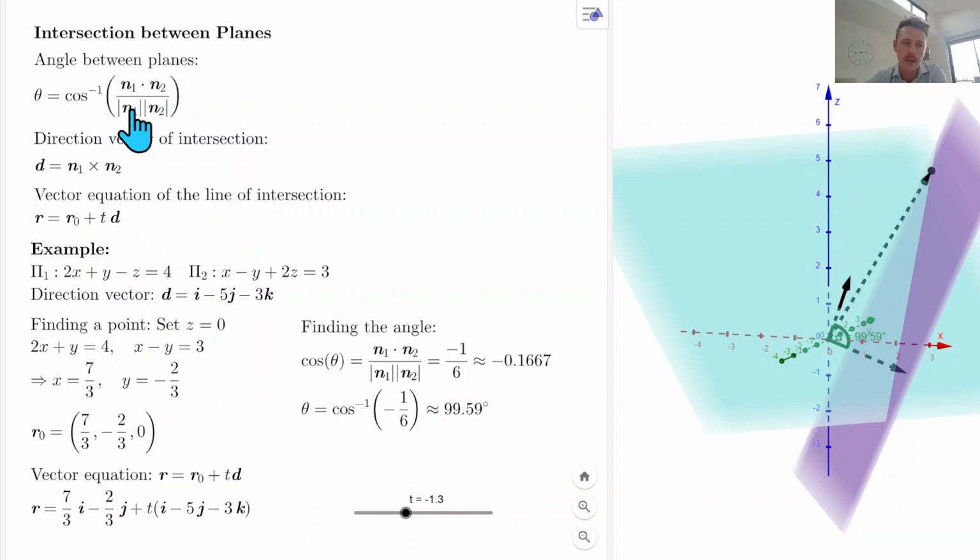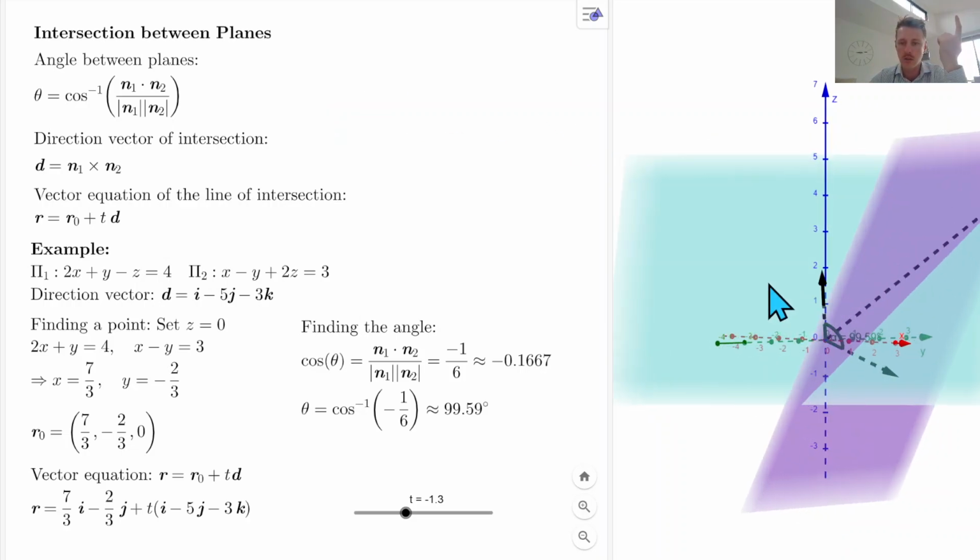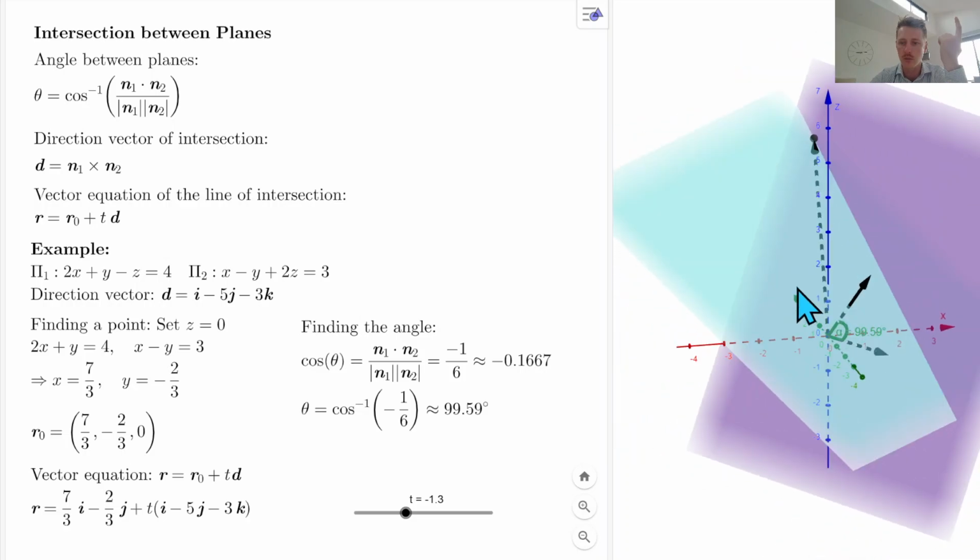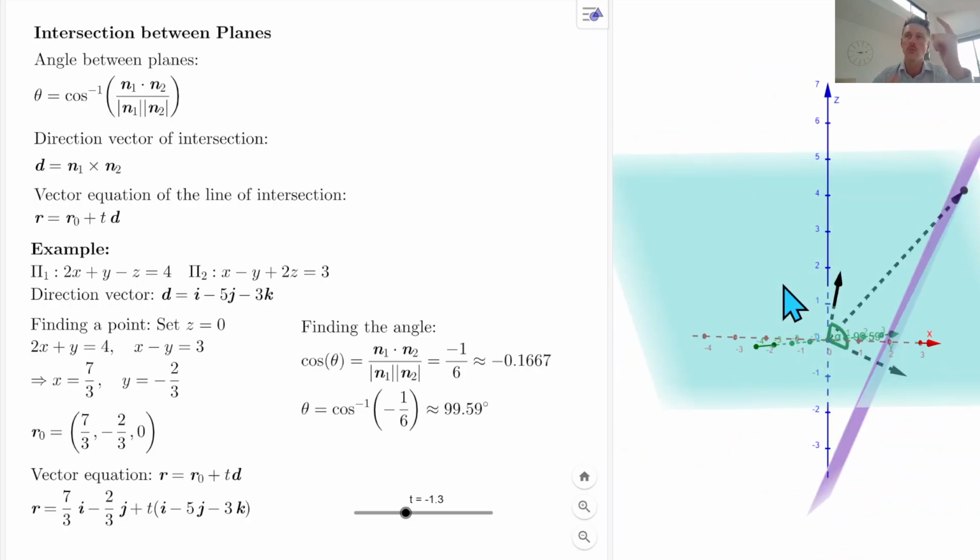We know that when we take the dot product between two vectors, say A and B, vector A dotted with vector B is equal to the magnitude of A multiplied by the magnitude of B multiplied by cosine of the angle between them. So when we've got two normal vectors, aka our two planes in space, purple and blue, they've got normal vectors that orient them in space.